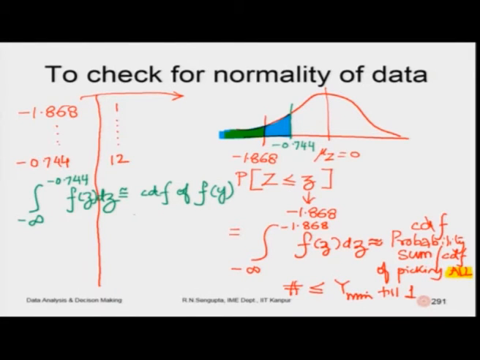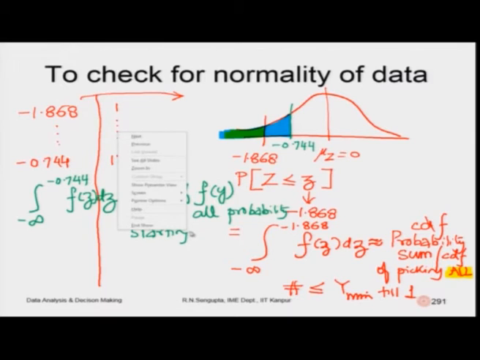So, that will be the sum of all the probabilities starting from 1 to 12.